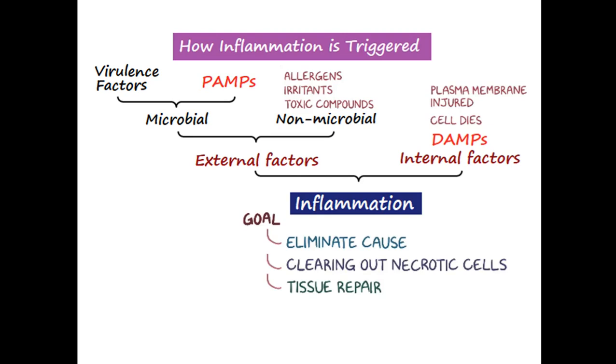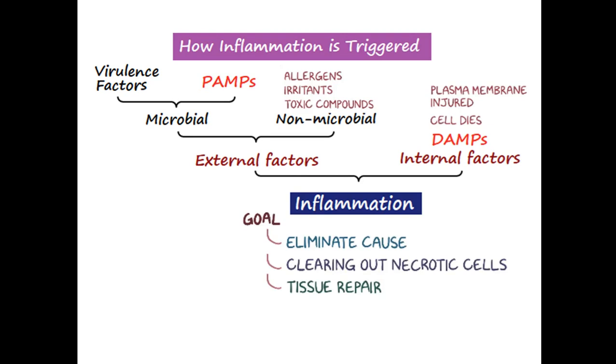The internal triggers for inflammation are recognized by the immune cells through the DAMPs, damage associated molecular patterns. Damage associated molecular patterns are red flags associated with dead cells, and if the plasma membrane of the cell is injured, our immune system recognizes it; these are known as damage associated molecular patterns, and they constitute the internal triggers.